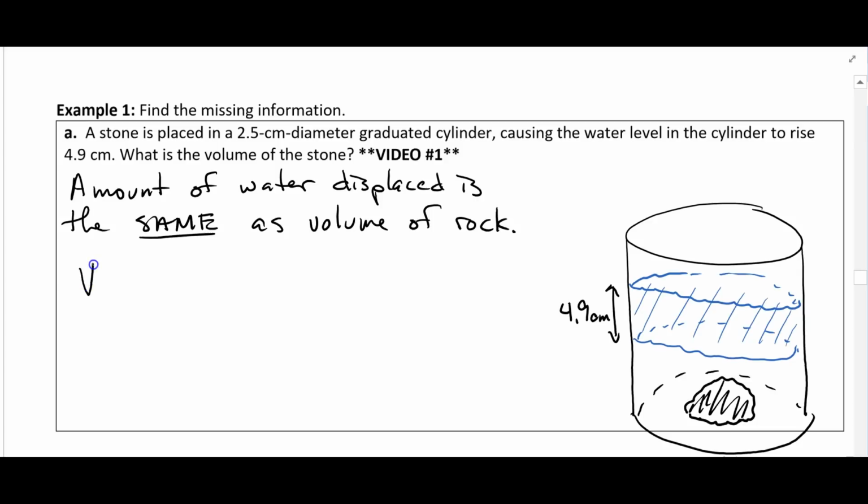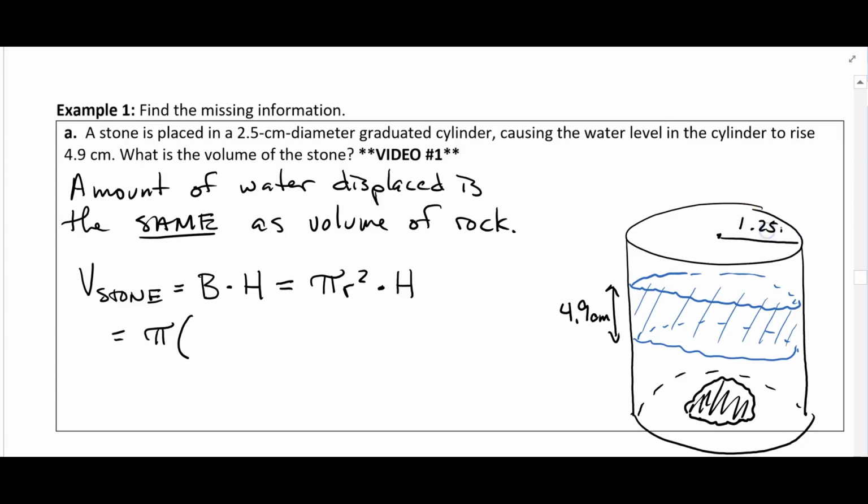So the volume of the stone is going to be the same as this blue volume of water that's been displaced, and I know that's going to be the area of the base times the height. And since this is a cylinder, the base is going to be pi r squared times the height. So I have pi times, since the diameter was 2.5, the radius is going to be 1.25 centimeters, squared.